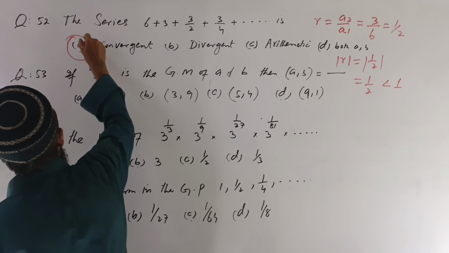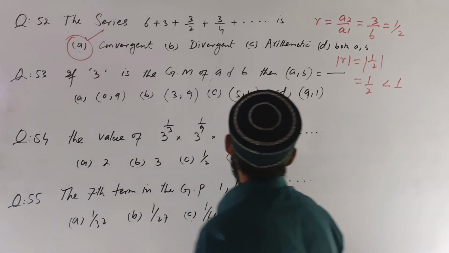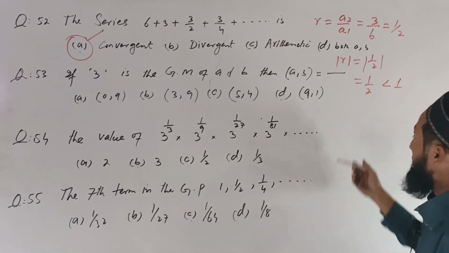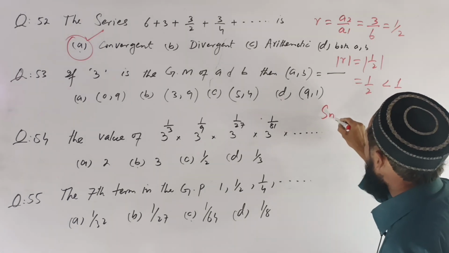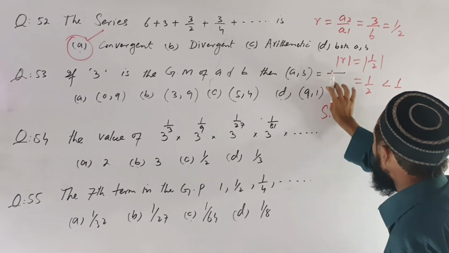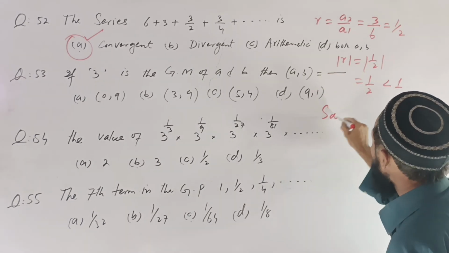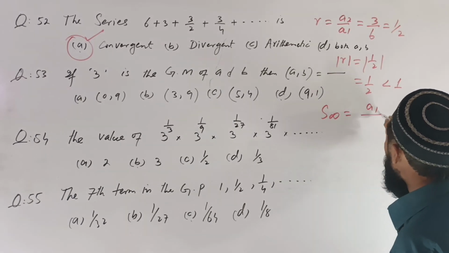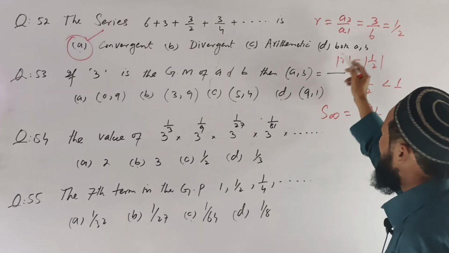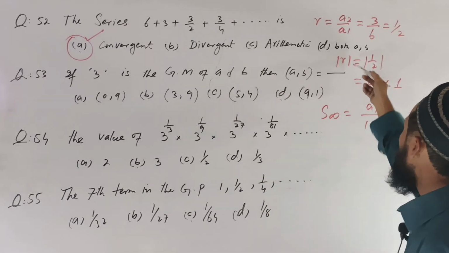Convergent is the required result. The sum is also given. For the infinite geometric series, we know the sum is a1 divided by 1 minus R. So just take it as convergent. The convergent condition is that one.